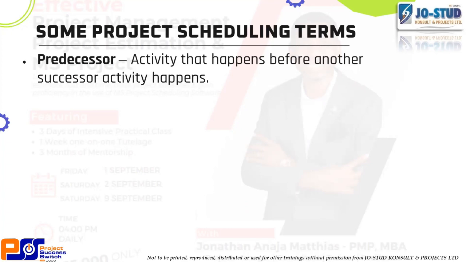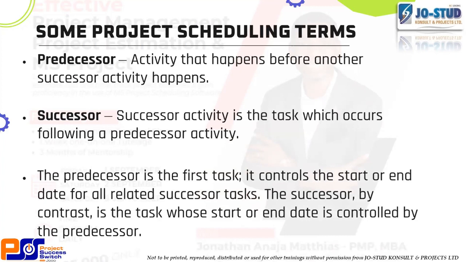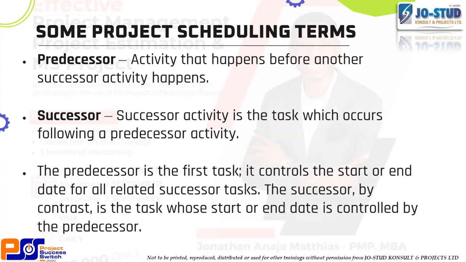Now, a predecessor is the activity that happens before another activity, while a successor activity is a task which occurs following the predecessor activity, right? The predecessor is the first task. It controls the start and end for all related successor tasks.